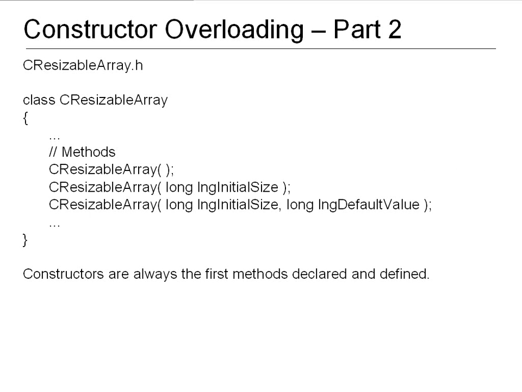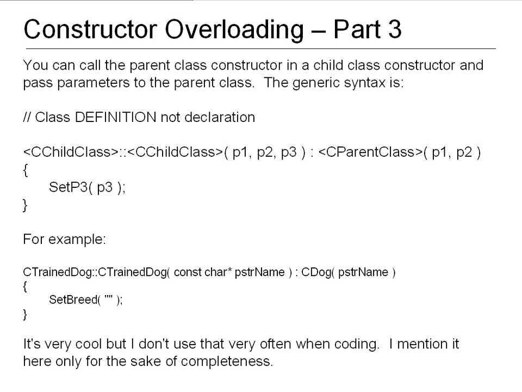Now you can call the parent class constructor from a child class constructor and pass parameters to the parent class. The generic syntax is, and this is done in the definition, not the declaration, so in the source file, you have the child constructor, and let's say it takes 3 parameters, P1, P2, P3.